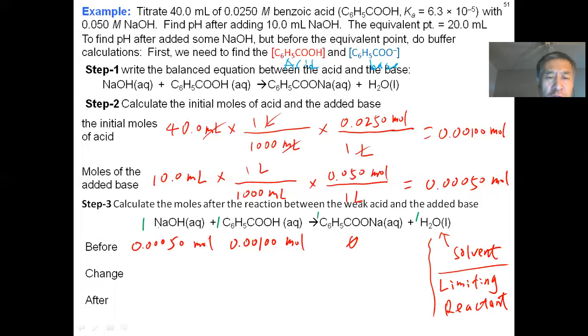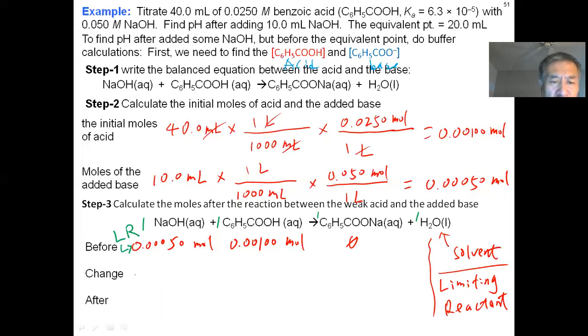So therefore, the coefficient ratio, or the mole ratio, between these two reactants is 1 to 1. To find the limiting reactant, we just compare which reactant has less amount. It turns out in this problem, NaOH has less. So this NaOH is the limiting reactant.